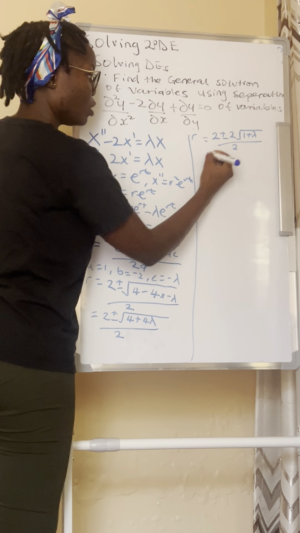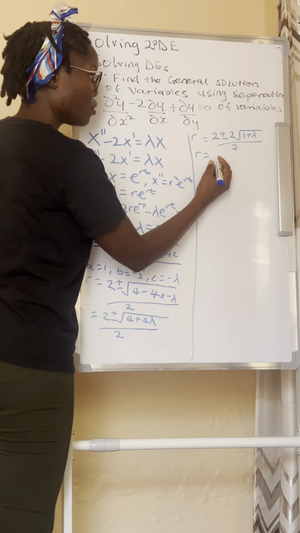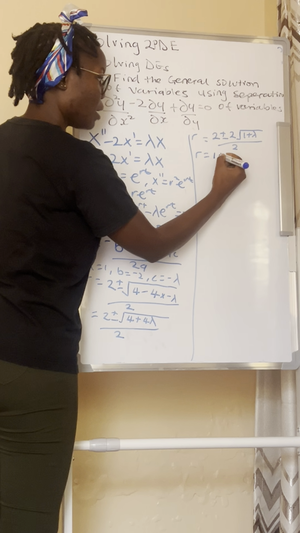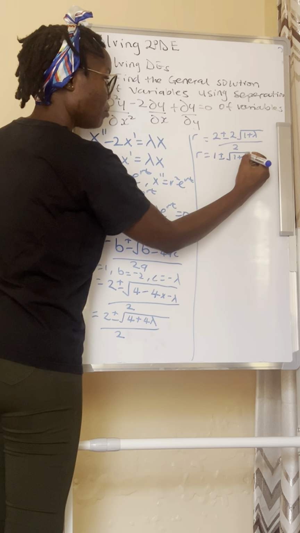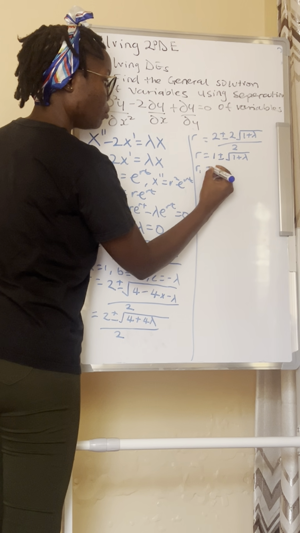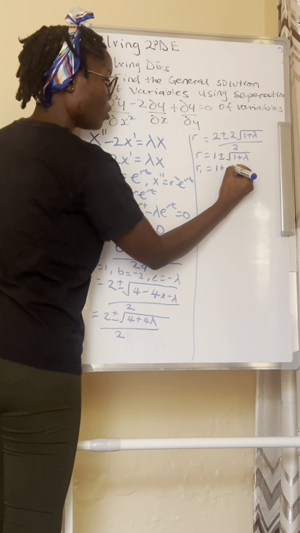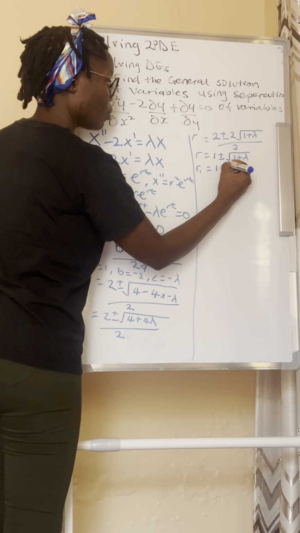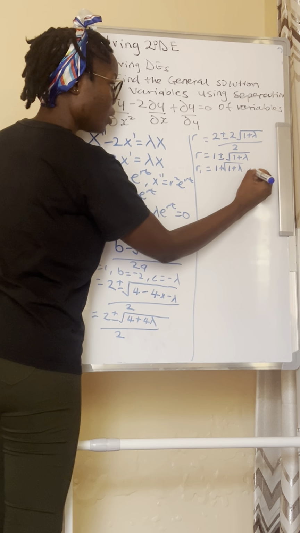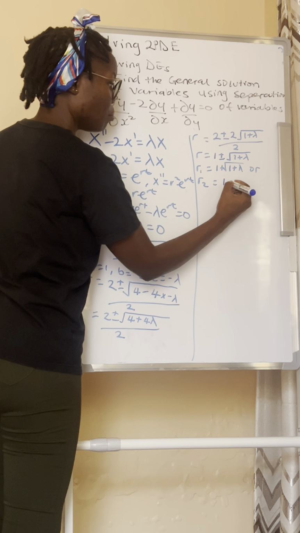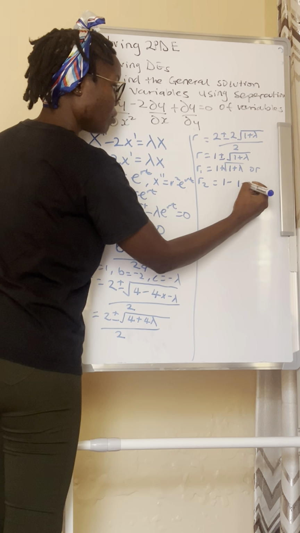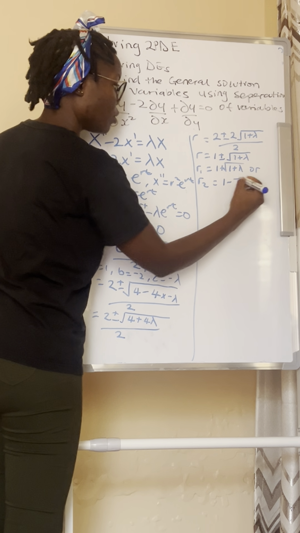When you solve this, our r is equal to 1 plus or minus the square root of 1 plus lambda. So r1 could be equal to 1 plus the square root of 1 plus lambda, or r2 equal to 1 minus the square root of 1 plus lambda.